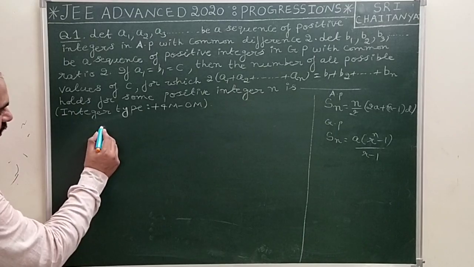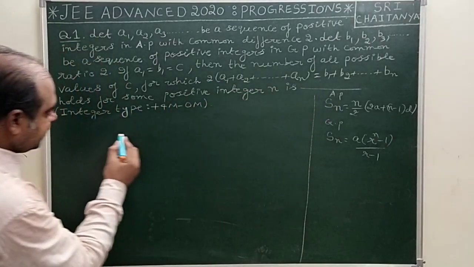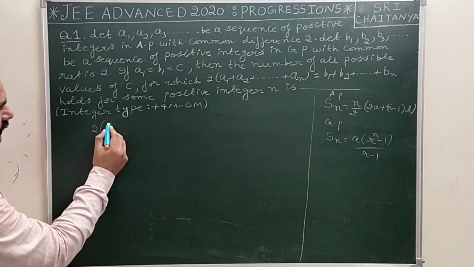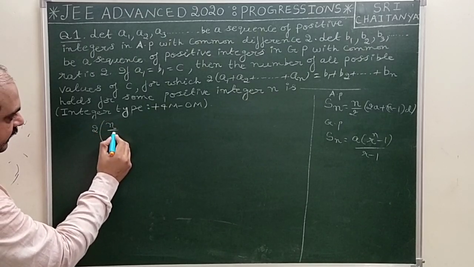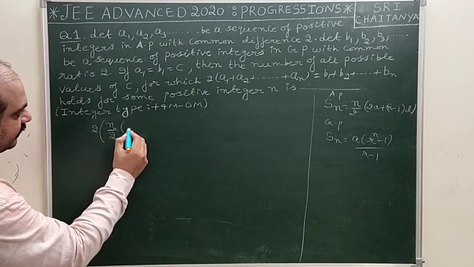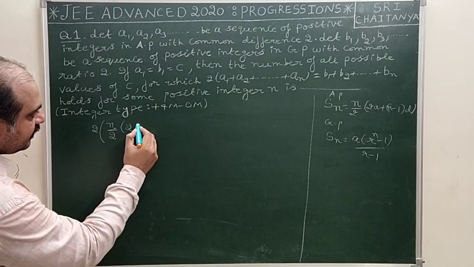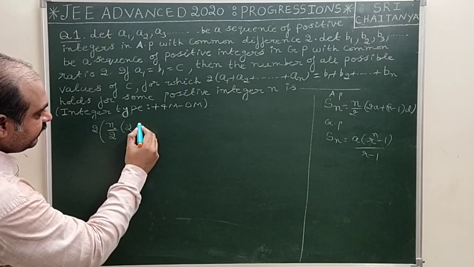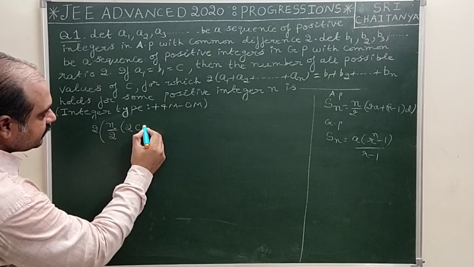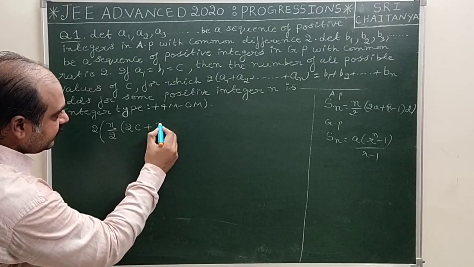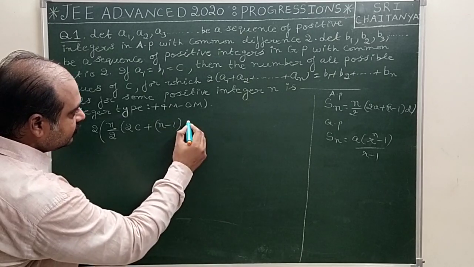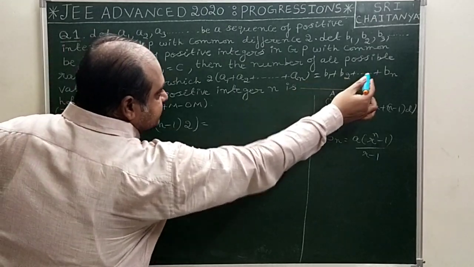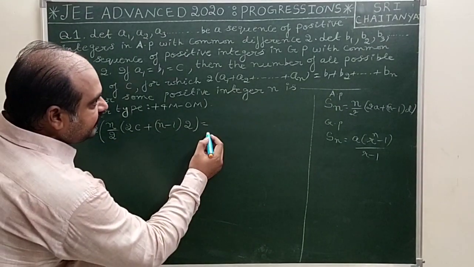Now look at this equation. Just simply write the sum of first n terms. 2 into, it is a direct problem, n by 2 into (2 into A1, where A1 is C, plus (n minus 1) into the common difference 2). This equals the sum of first n terms of the GP.